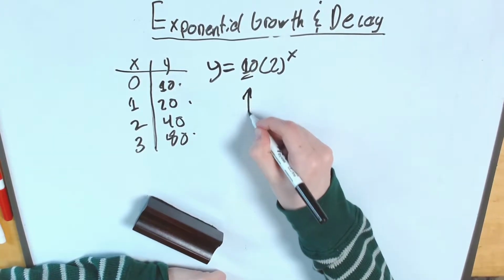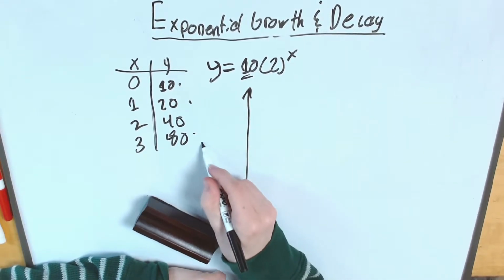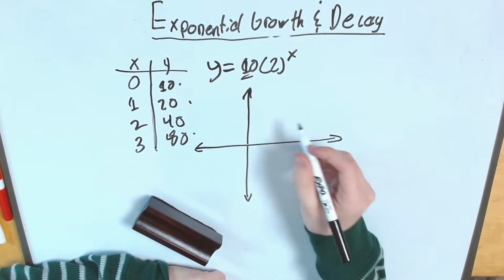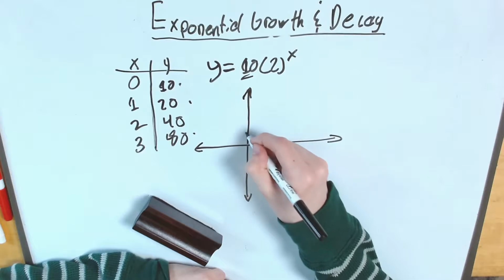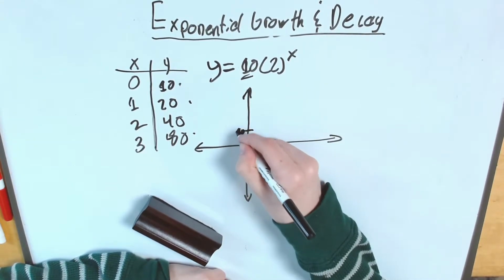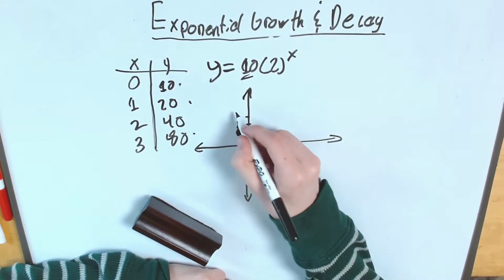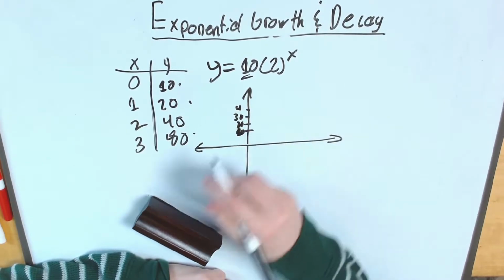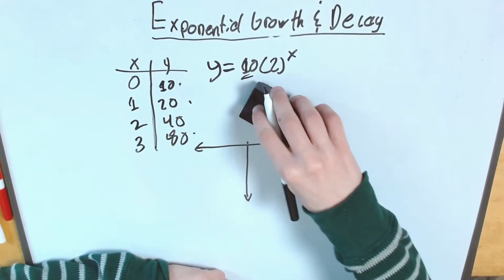Now to actually graph this. I start out at 10. Actually, let me space them out a little bit more so it's easier to read.